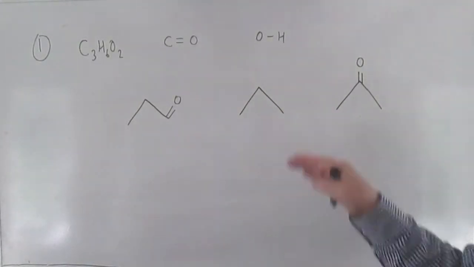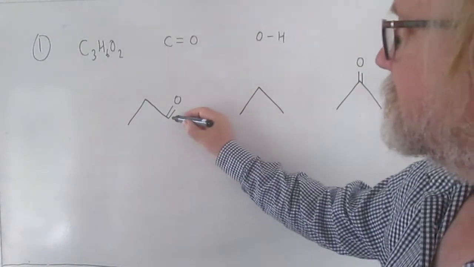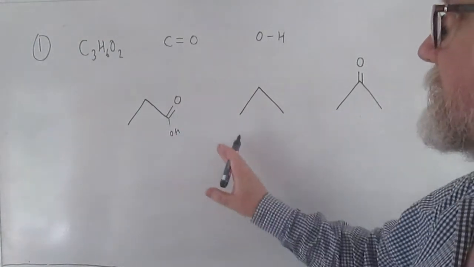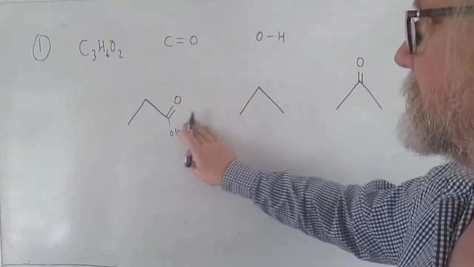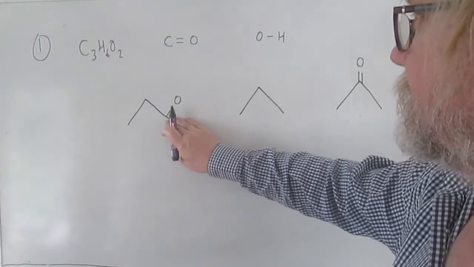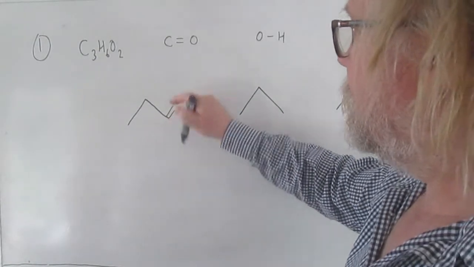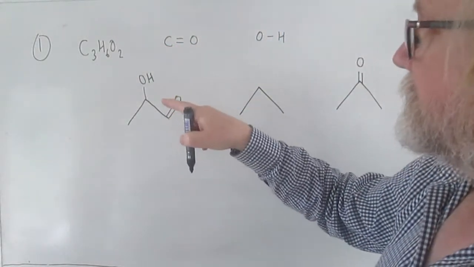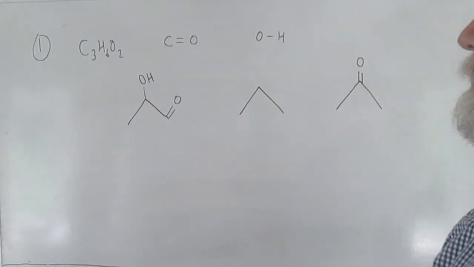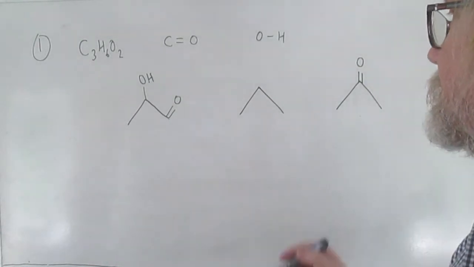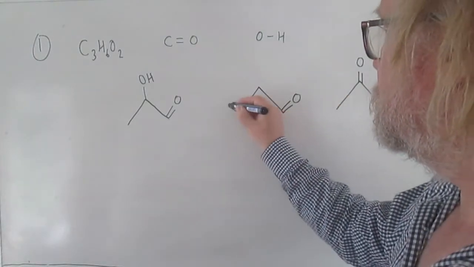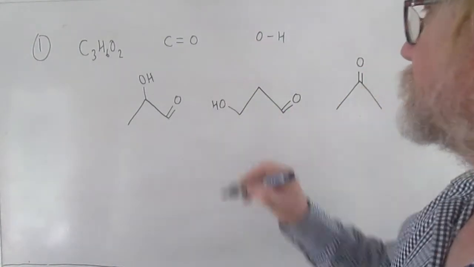And then we've got to put the OH group on as well. Not here. That would be a carboxylic acid, and we've ruled that out. So that is not a permissible suggestion. But it could be here. So we'd have the 2-hydroxy isomer, or it could be here, which would be the 3-hydroxy isomer.